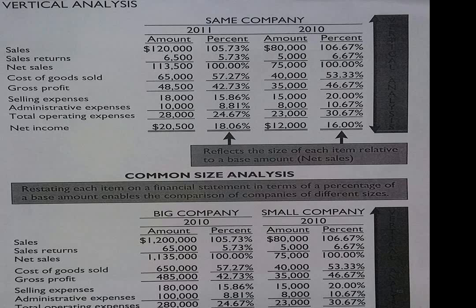As you see, we can compare the sales, net sales, cost of goods sold and net income. It is clear that this year it has a net income more than the other year, 2010.